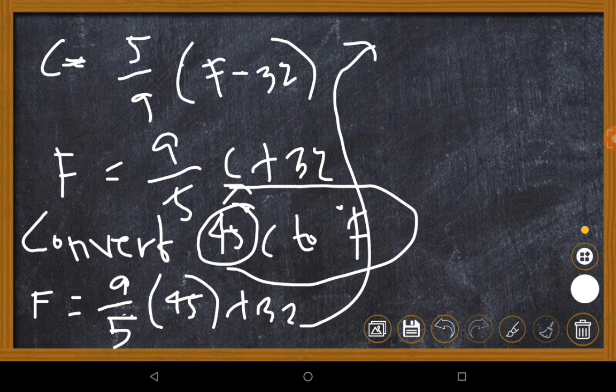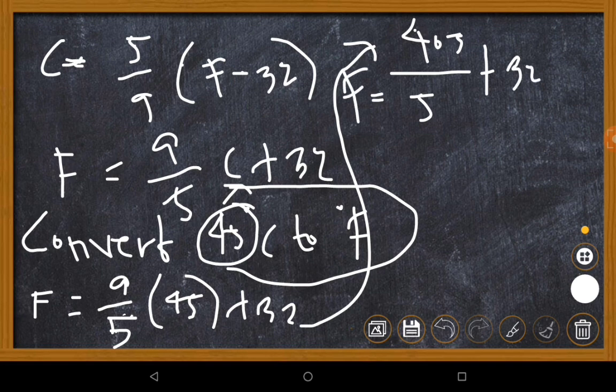So let's elaborate this formula. This would be 45 times 9, which is equal to 405 over 5 plus 32. So F is equal to 405 over 5 plus 32.